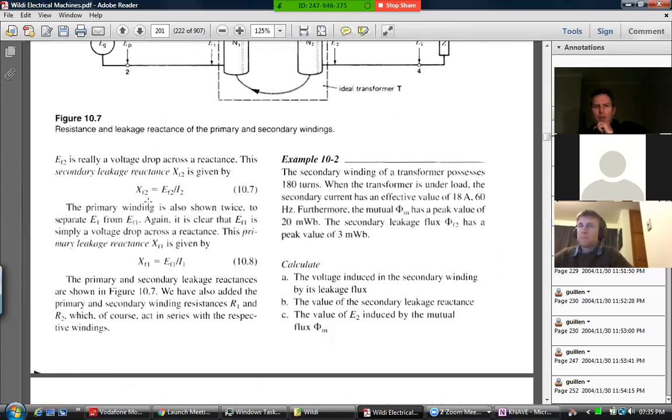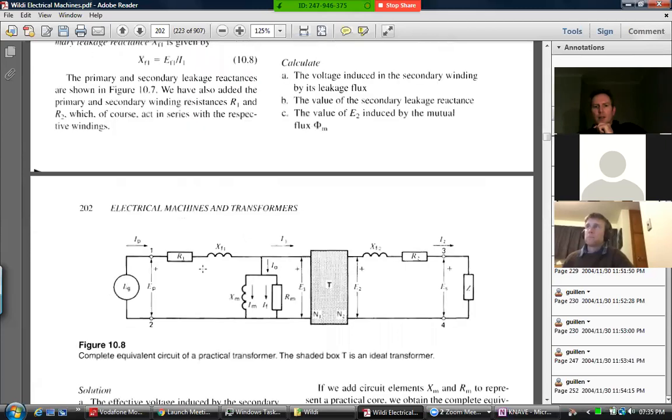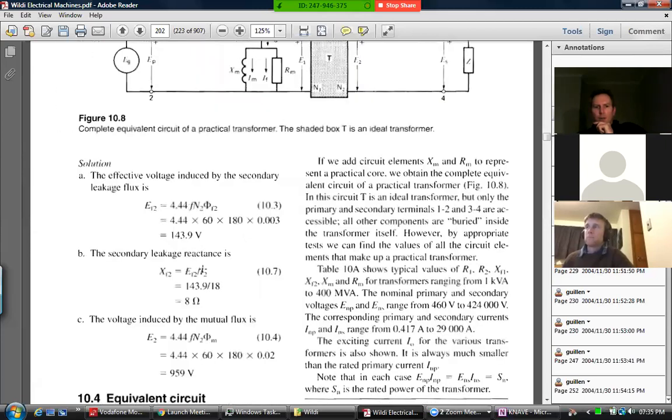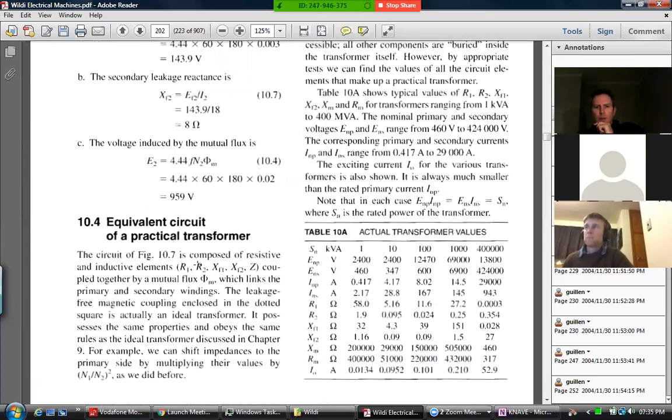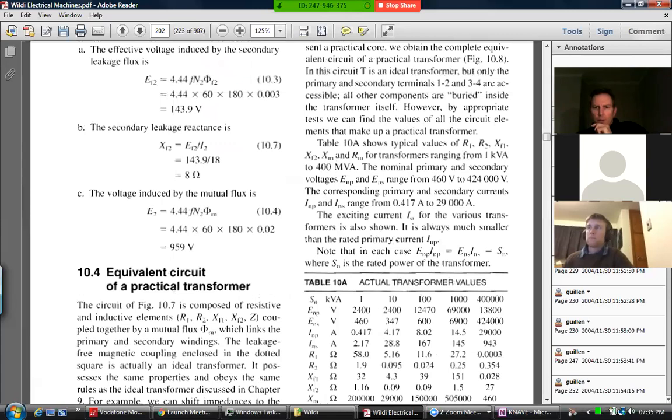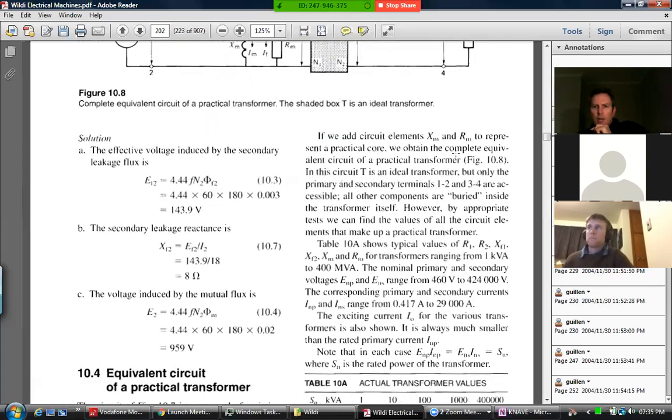So we call the X's leakage reactances. There's a 1 and a 2 for the primary and secondary leakage reactances. And we call the R's winding resistances. The M's are for the core, these R's are for the leakage.